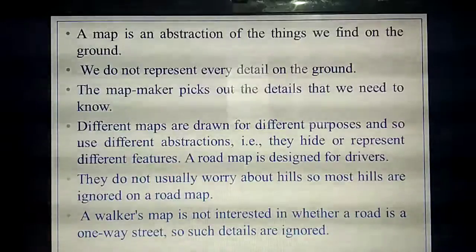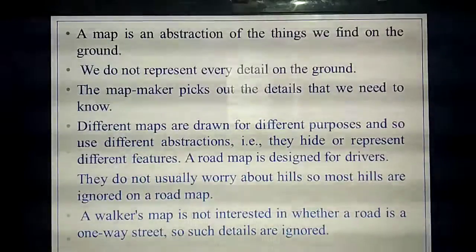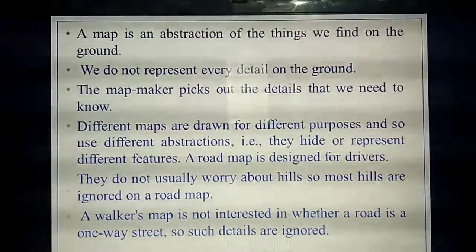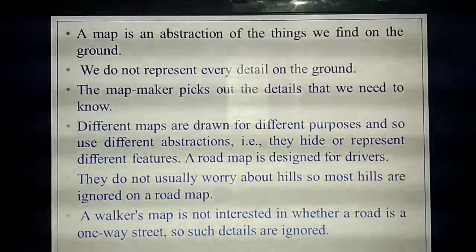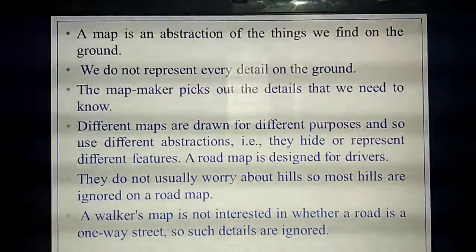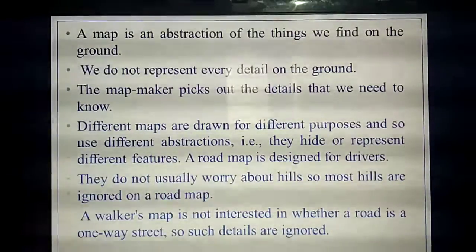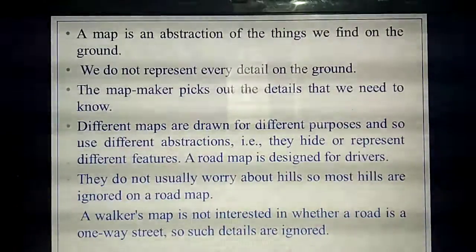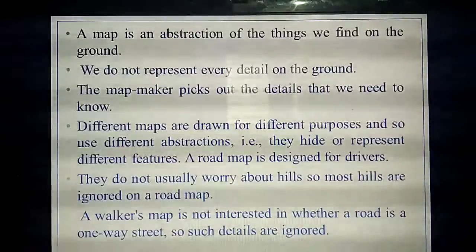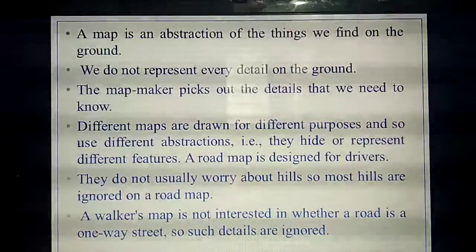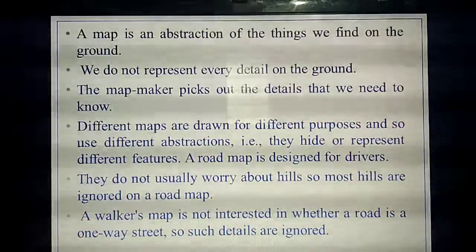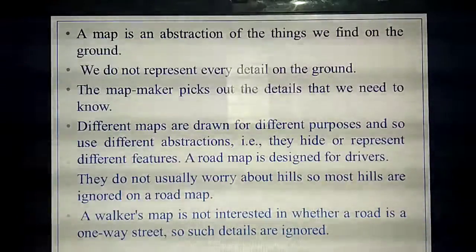Last class we studied one example about hospitals and doctors. Another example in your book is the map. For example, a particular person needs a particular ground in an area. He checks the ground on the Google map.